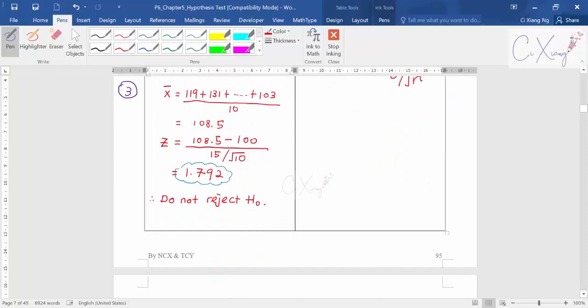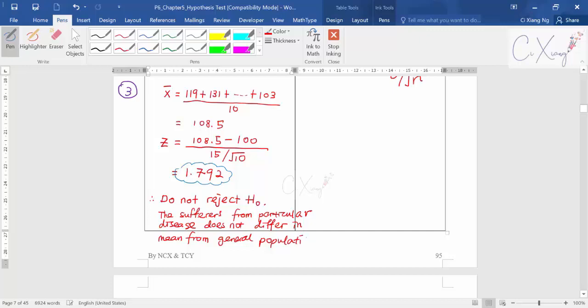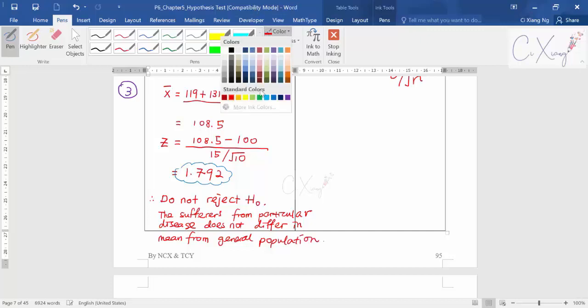Conclusion: the sufferer from the particular disease does not differ in mean from the general population. Okay, so this is my complete step number 4.